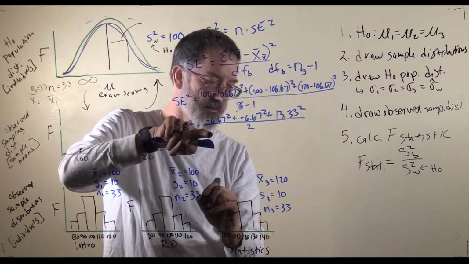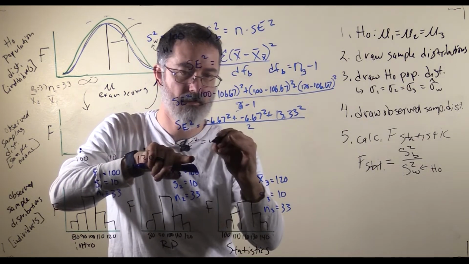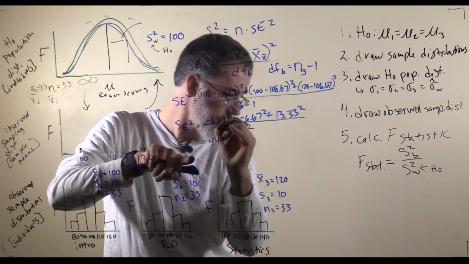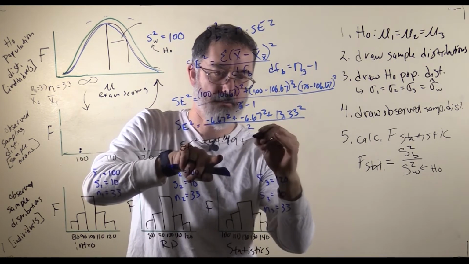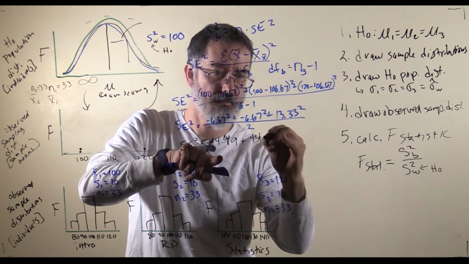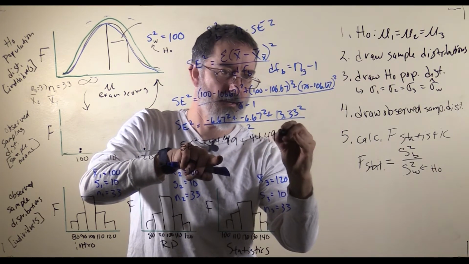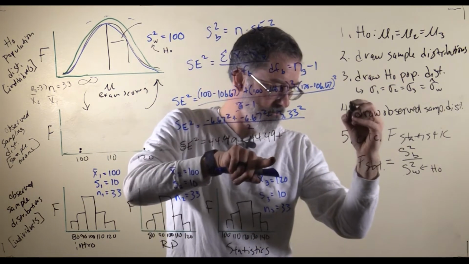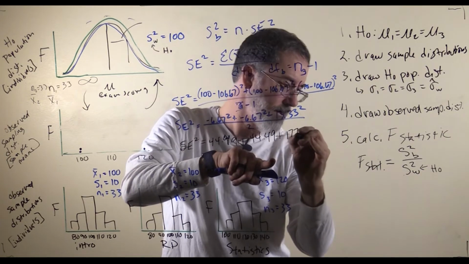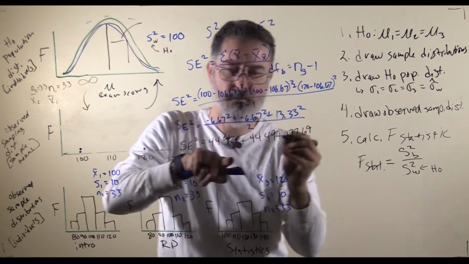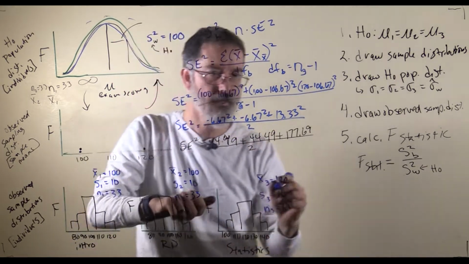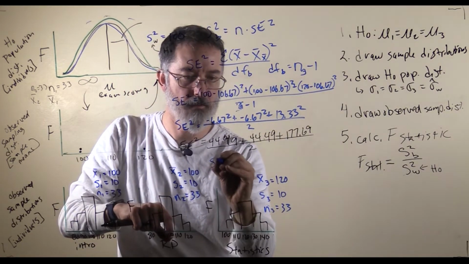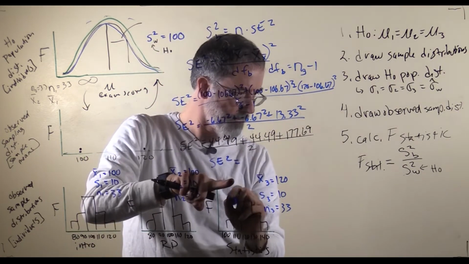So negative 6.67 squared is 44.49. It's the same here because it's the same numbers being squared, 44.49. And 13.33 squared is 177.69. And all this again will be divided by 2. So we add up all those numbers on the top.